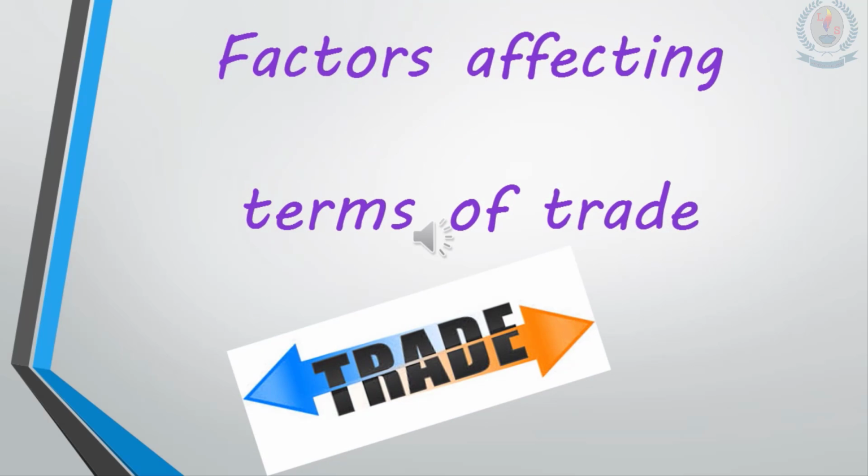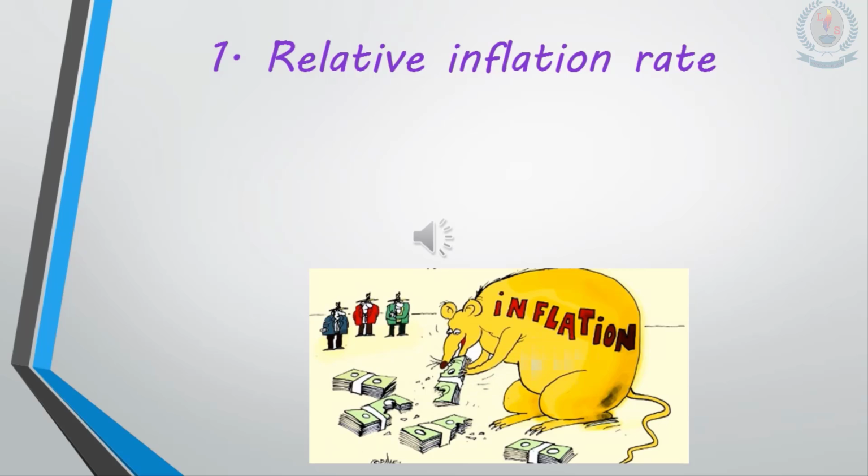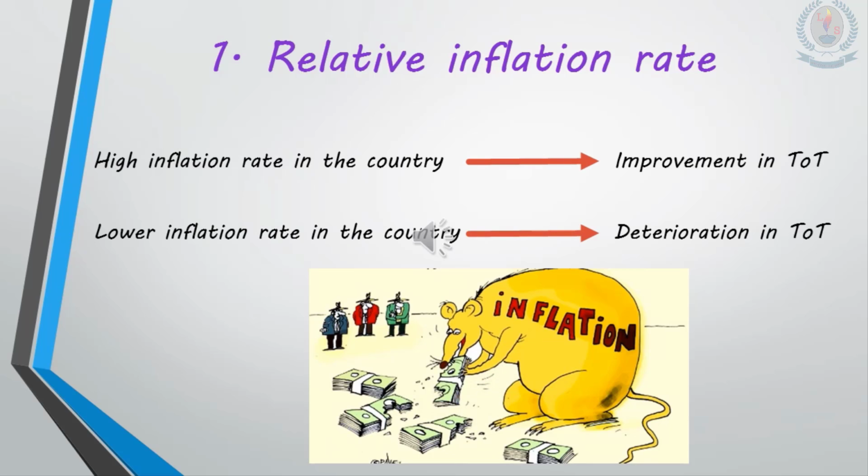Let us now consider the factors which affect the terms of trade. One factor is the relative inflation rate. If the inflation rate in our country is high compared to our trading partners, our exports will be expensive, and this will lead to an increase in the export price index.